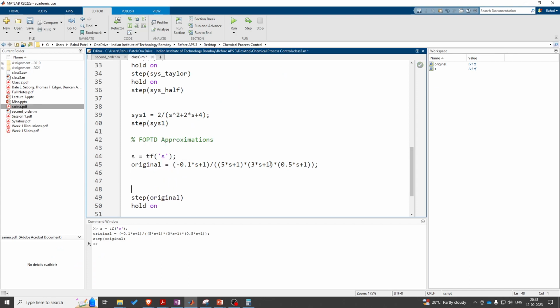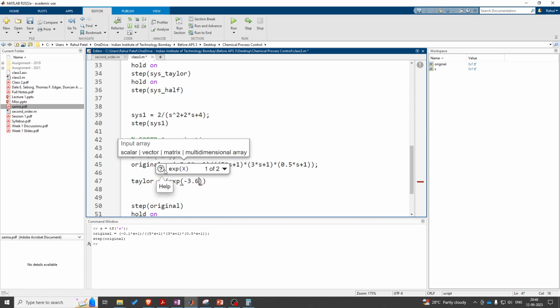I'll just write the other transfer functions. So from the Taylor series, we obtain the transfer function as exponential of minus 3.6s upon 5 into s plus 1.